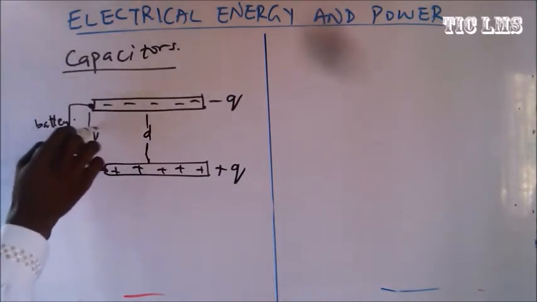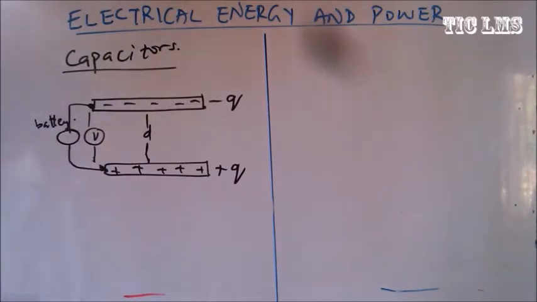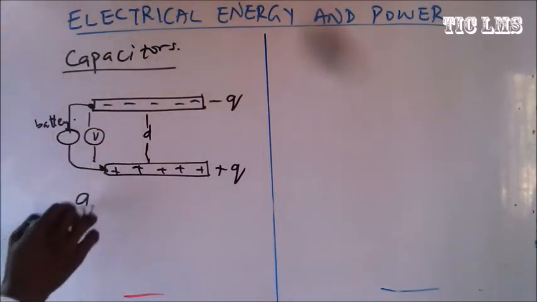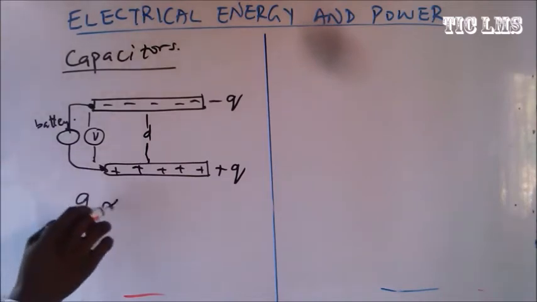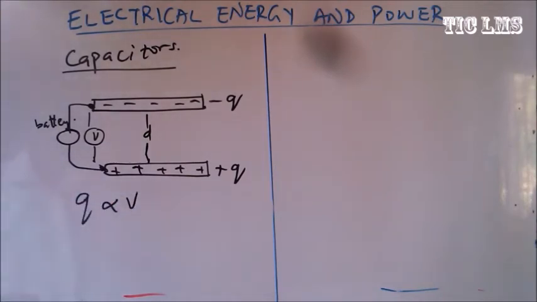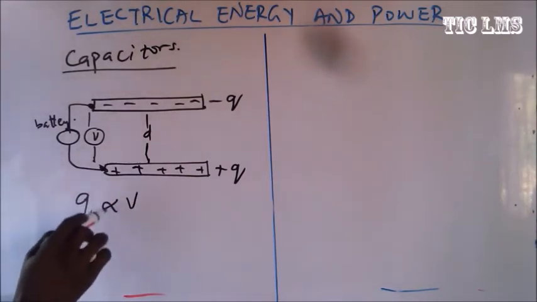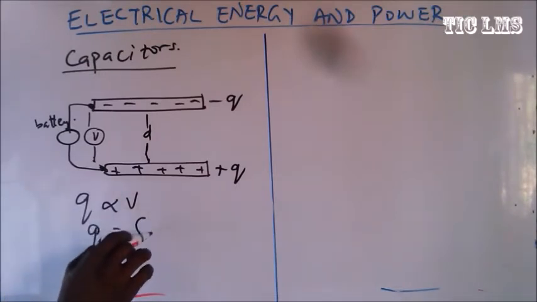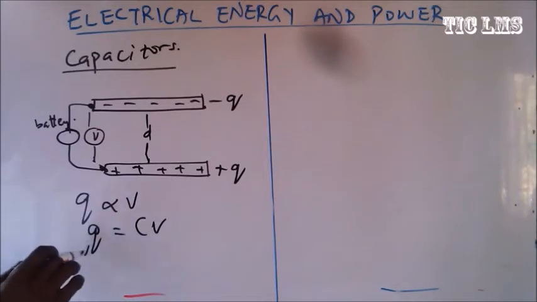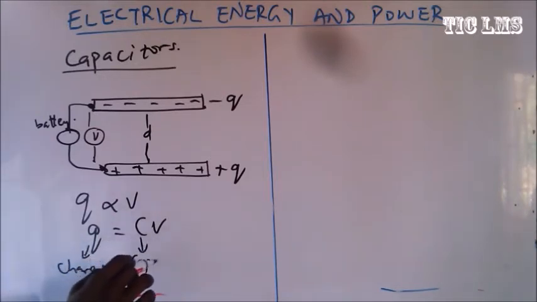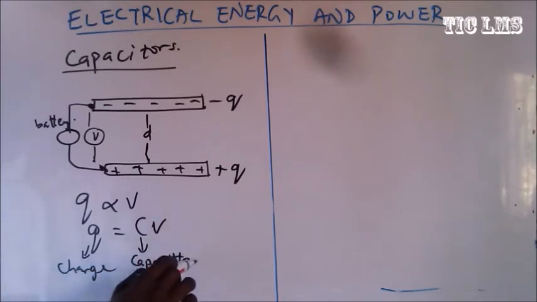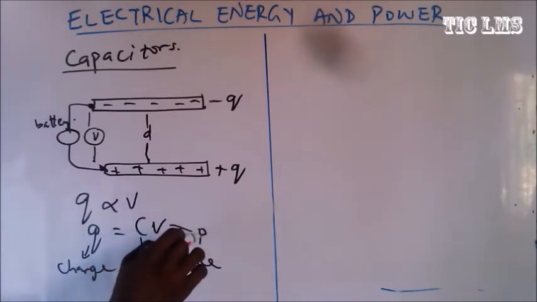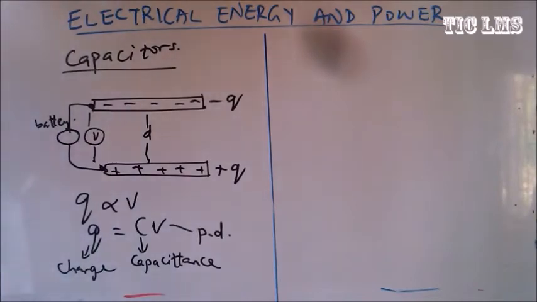And with this, we have that the charge is directly proportional to the potential difference. And so when we remove the proportionality sign, we'll have Q equals CV, where Q represents the charge, C represents capacitance, and V represents potential difference.